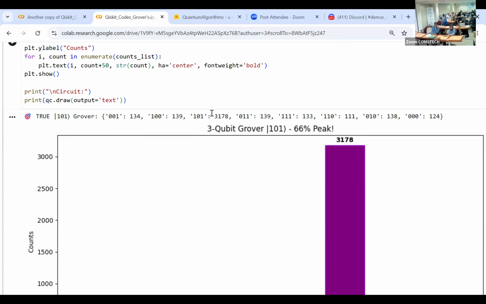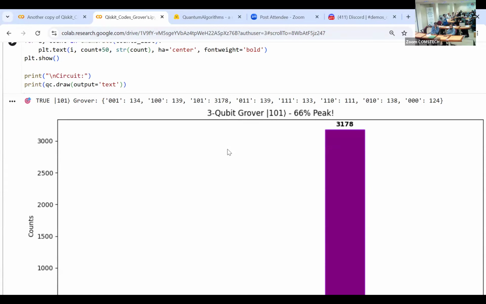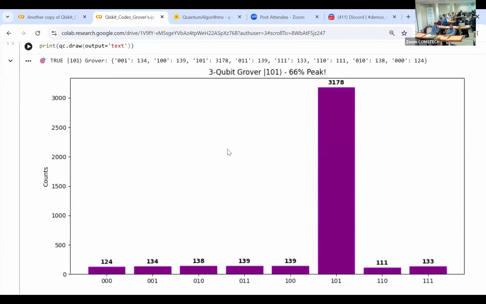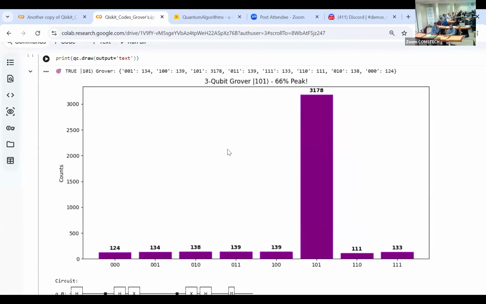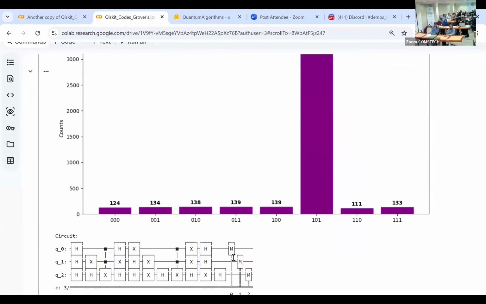So you can see over here that the state 101 has the maximum probability, that is 3178 times. Now you can see the histogram and you can see that we get our desired state, that is the 101 state. Okay, and here is the circuit for 3 qubits.